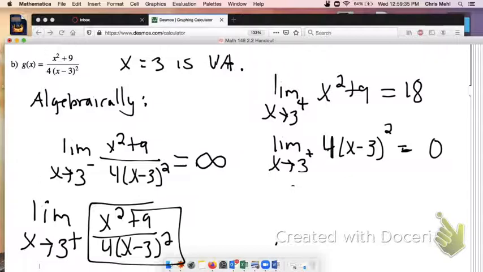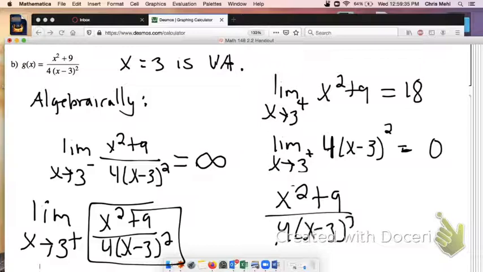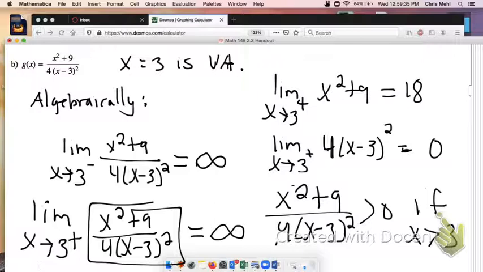But the function we're taking the limit of is greater than 0 if x is greater than 3. That's what tells me that the right-hand limit is also positive infinity. So the fraction is always positive is what I'm saying.